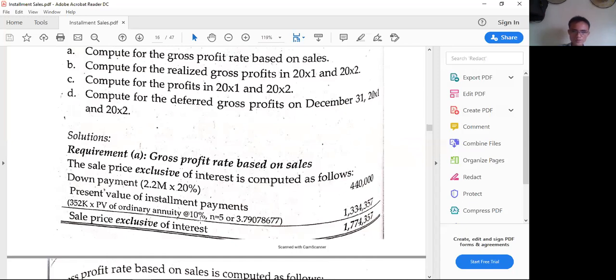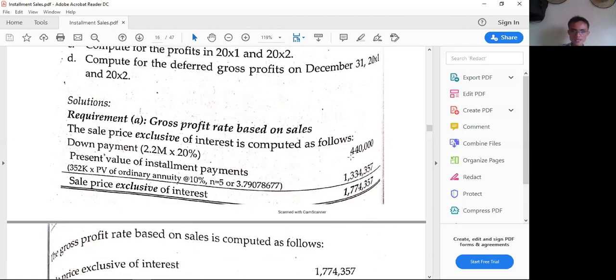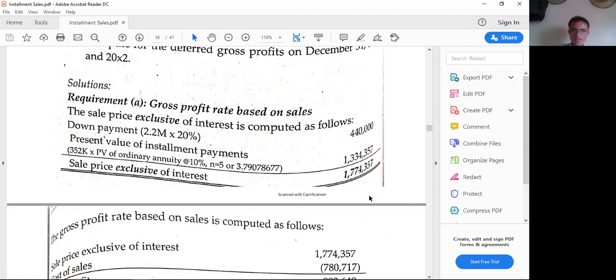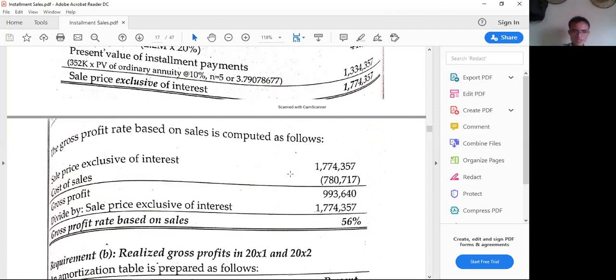So if we multiply the present value factor with the installment, then we will get this one, the present value of installment payments. And if we get the total, that's really the sales price exclusive of interest. This is still without interest. Okay, so anyway, to continue, you have here sales price exclusive of interest.